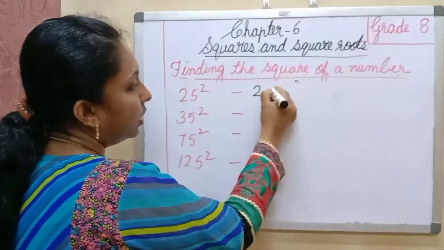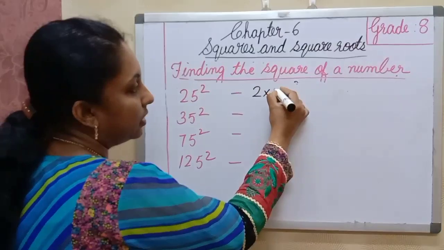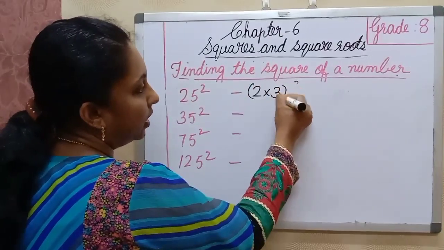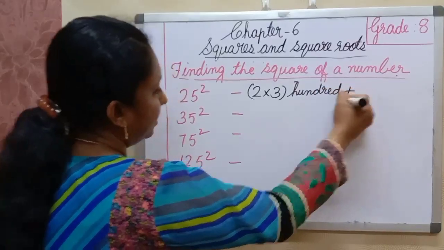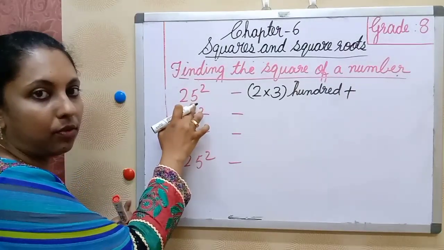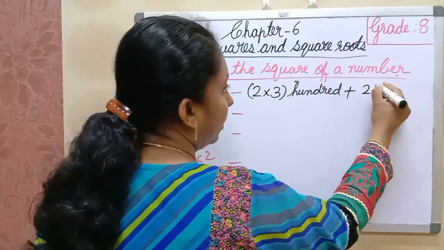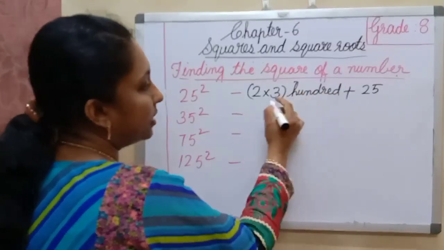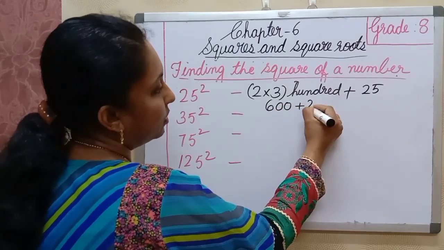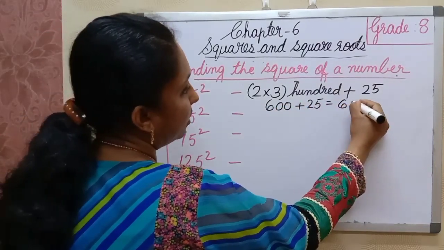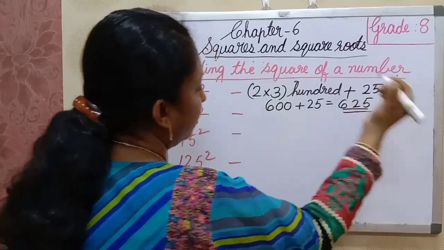So 2 into next consecutive digit is 3. 2 into 3 hundreds plus obviously unit place 25 only. 5 into 5 is 25. So 2 into 3 hundreds means 600. 6 into 100 plus 25. So 25 square is 625.